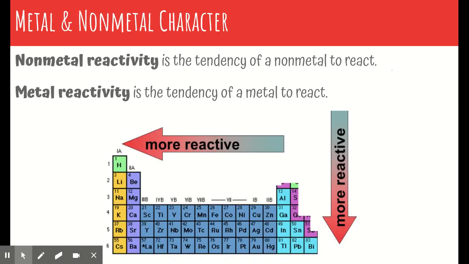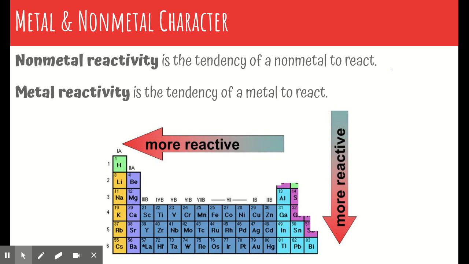And then I think this is the last one here, just talking about the metal versus non-metal reactivity. These are the tendencies of these atoms to react with something else. Again, it follows the same pattern as everything else. They're going to be more reactive on the left-hand side of the periodic table because they have fewer valence electrons.